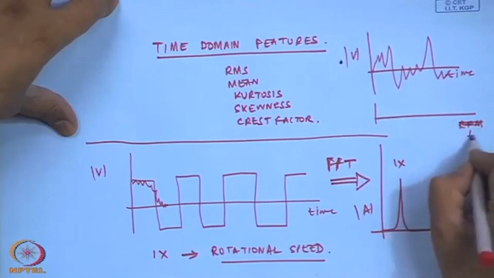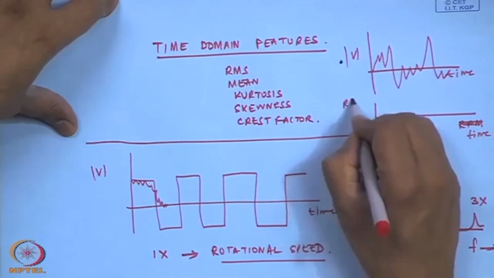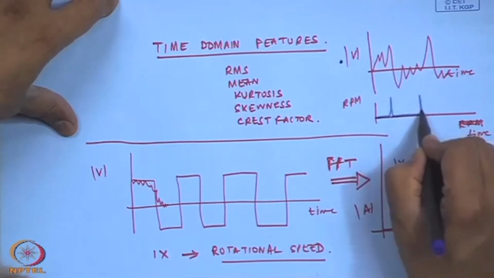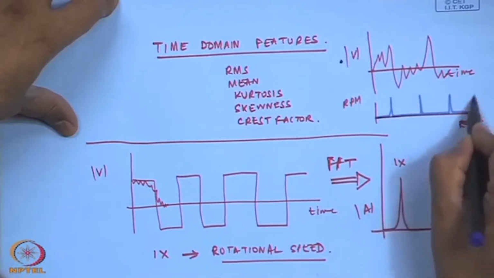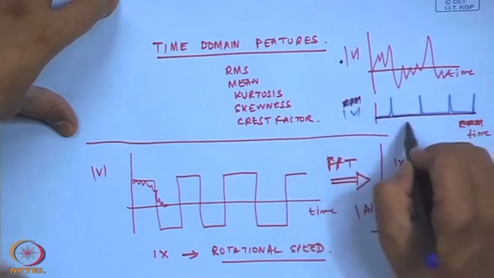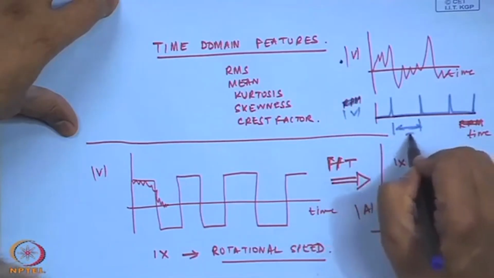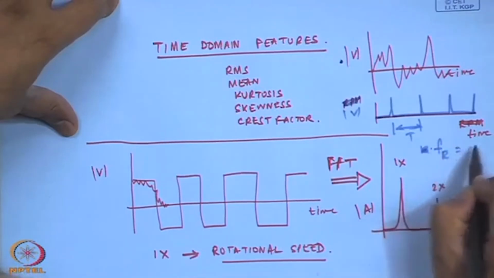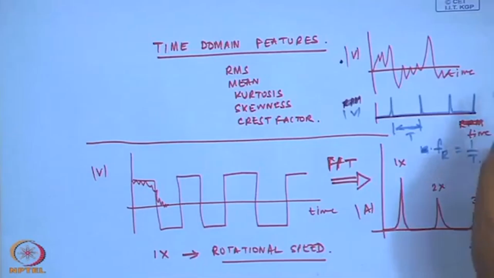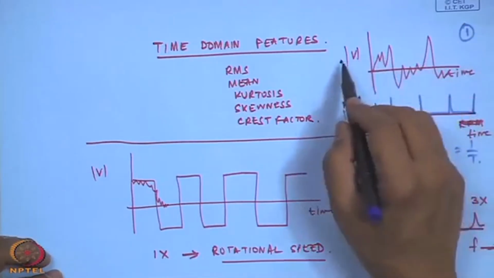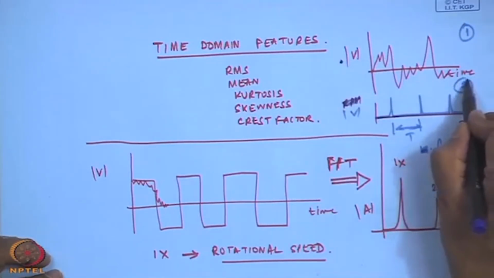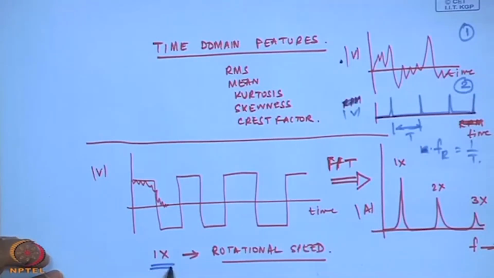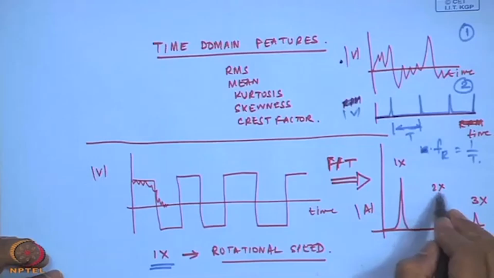This is also a time domain signal, where you usually get a peak of some voltage, and this is your time period, and the rotational speed f_r is equal to 1 by T. So it is always good to measure vibration and then the rotational speed, because once we have the rotational speed you will get a good estimate of 1x, and then you will get 2x, 3x, etc.